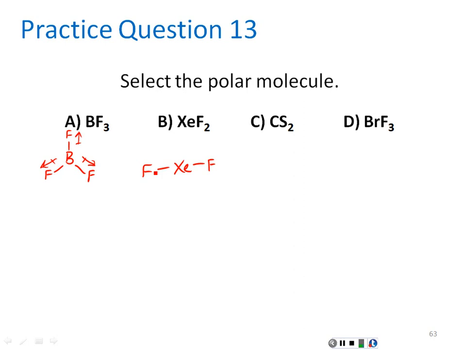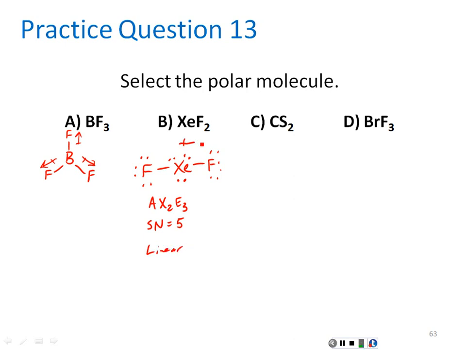So that would be 22 total valence electrons. 3, 4, 5, 6, 7, 8, 9, 10, 11, 12, 13, 14, 15, 16 for the bonds, 17, 18, 19, 20, 21, 22. So xenon actually has 3 lone pairs around it. Formula would be AX2E3. Steric number is 5. So the electron geometry would be trigonal bipyramidal, but the molecular geometry here is linear.